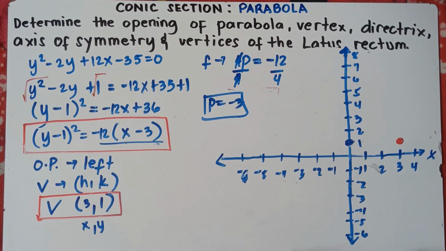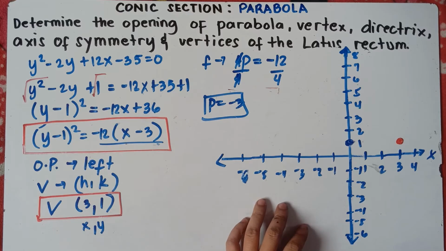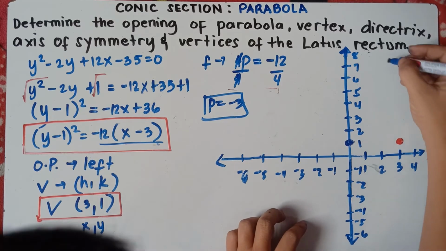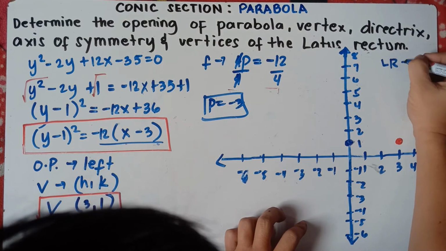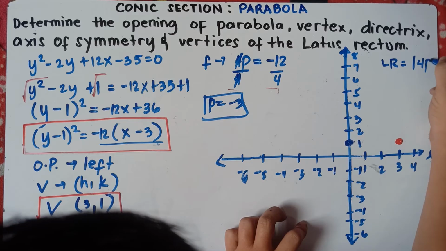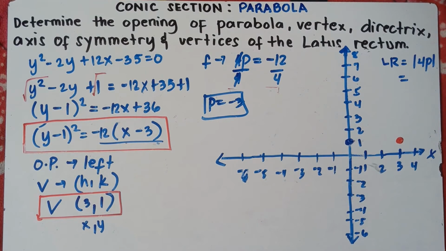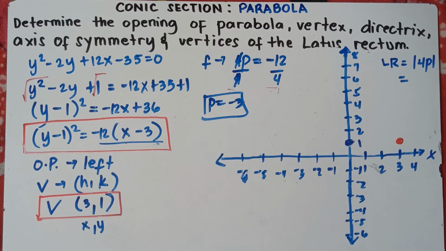Now to get the length of the latus rectum, the formula is LR equals the absolute value of 4p. You will be asking, sir, why is it absolute value of 4p? Because the latus rectum, class, is a length, and the length is always positive.